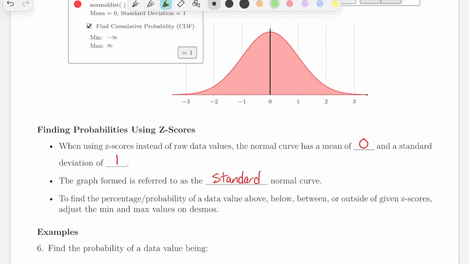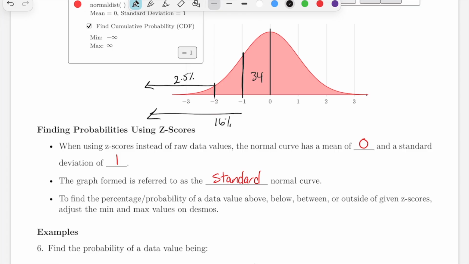So if we go back up and look at this other graph, we know that we could find the amount that's to the left of this, right? We know that about 16% of the data is to the left of negative 1, and also about 2.5% of the data is to the left of negative 2.